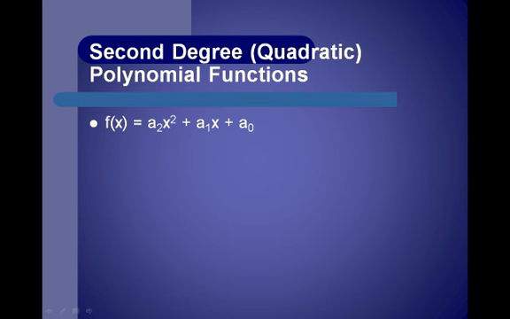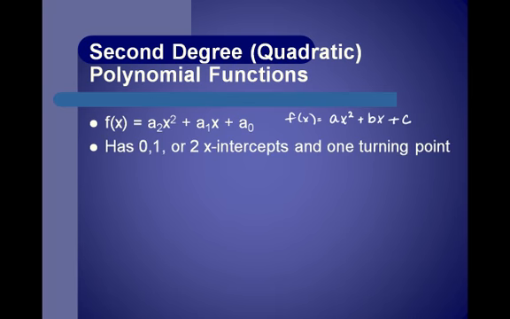A second-degree polynomial function, also called a quadratic function, looks like this: f of x equals a sub 2 x squared plus a sub 1 x plus a sub 0. You are probably familiar with this one as ax squared plus bx plus c.